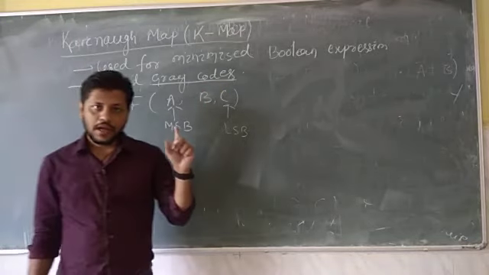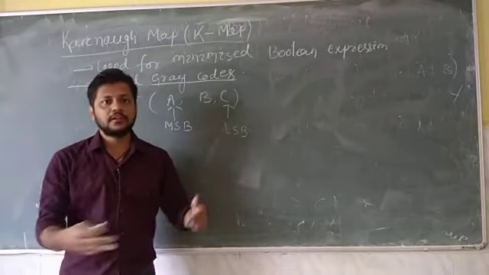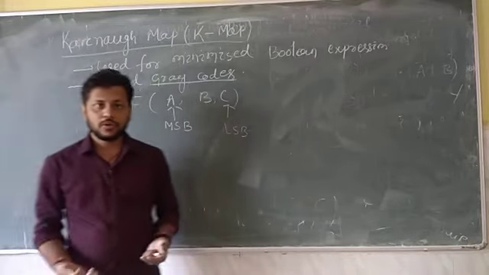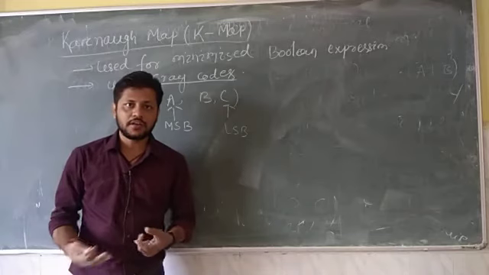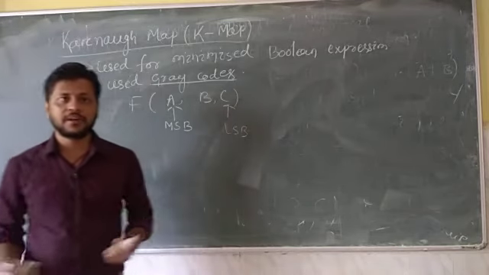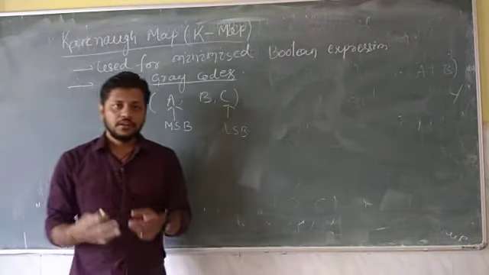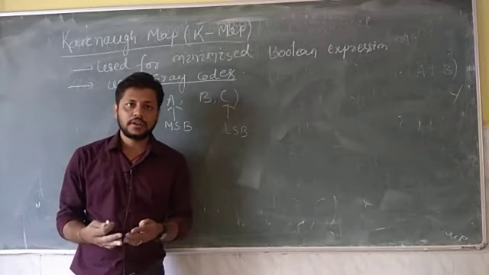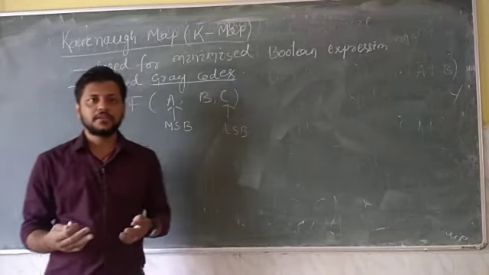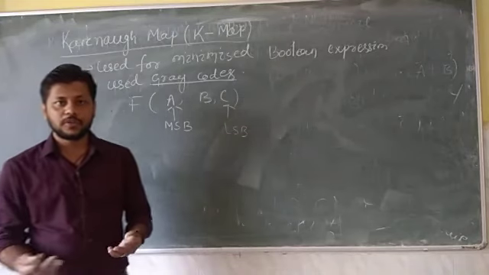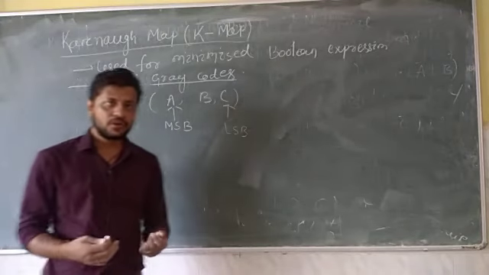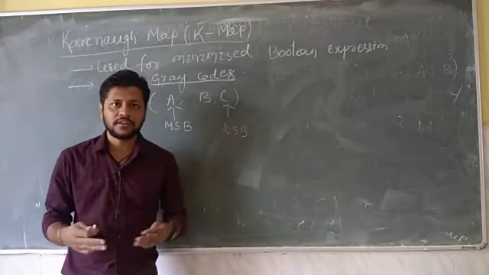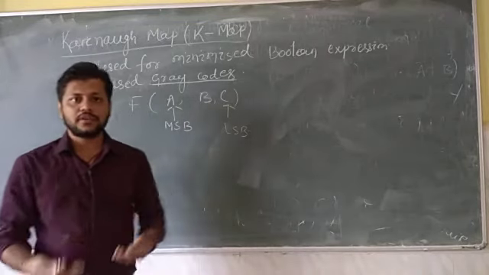So after minimization we will implement that by using logic gates. If you do not minimize an expression and directly start implementing it by logic gates, then a huge number of logic gates is required unnecessarily, and that will increase the size of the device as well as the cost of the device. In electronics, all the devices are now digital.